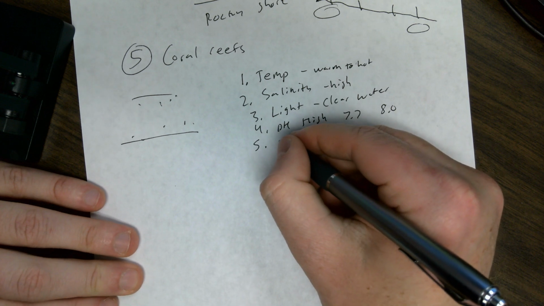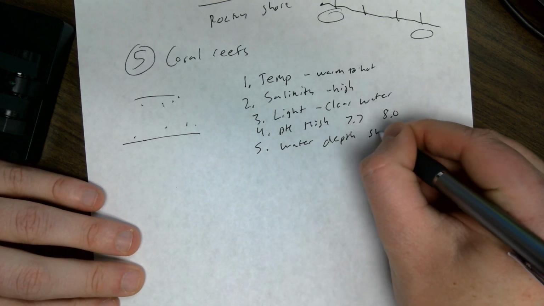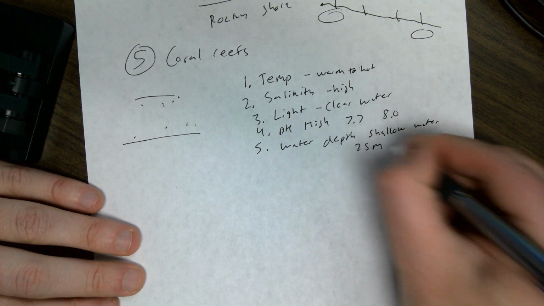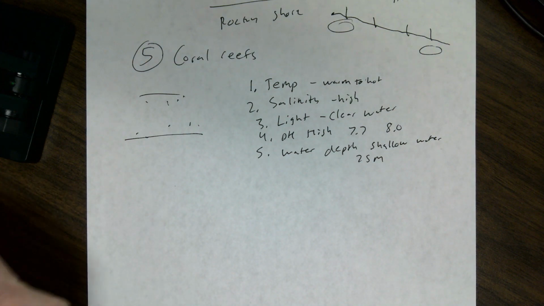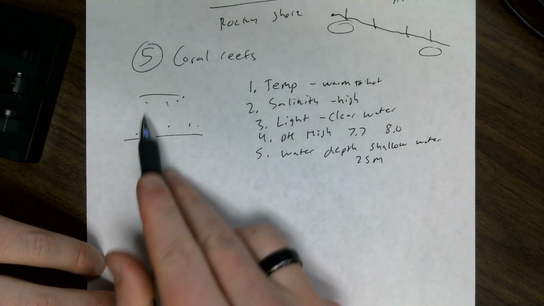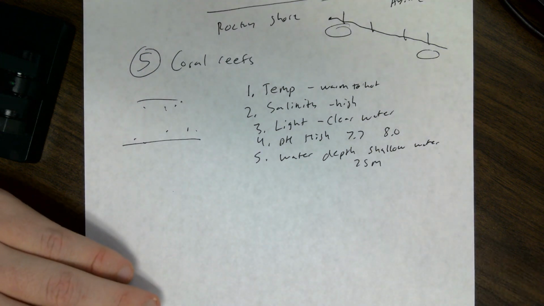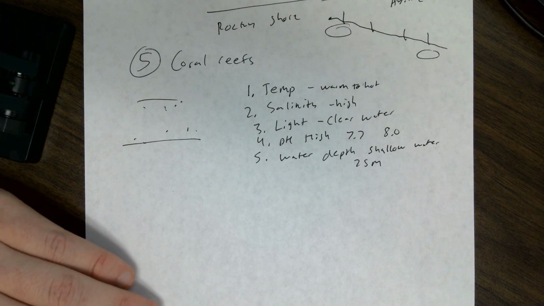And then water depth, right? They need to be in pretty shallow water, talking 25 meters or higher. So all of these things need to happen for you to find coral reefs. And so you can see why they're not found in very many places, because of these limiting factors that affect their range of tolerance.